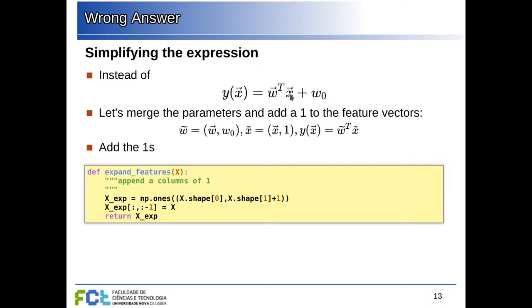So we have all the same features plus a 1 at the end for all the points, and including this constant in that vector there. Because when we do this inner product, we are doing the multiplications and adding all the products here. So if we have a 1 at the end of the vector x, and if we put this w0 inside this vector too, then at the end we are adding w0 multiplied by 1, which is the same as adding w0.